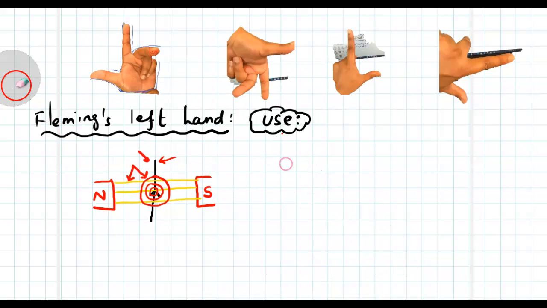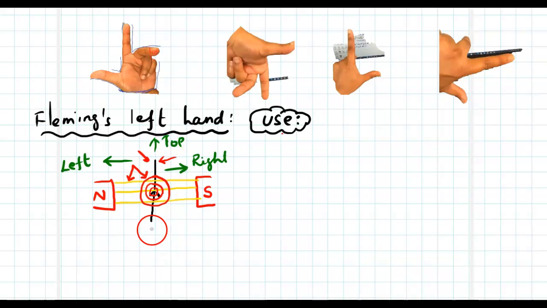In this case you can see here the wire can move to the left of the page, or the wire can move to the right of the page, or the wire can move to the top of the page, or the wire can move to the bottom of the page, or the wire can move into the page, or the wire can move out of the page.